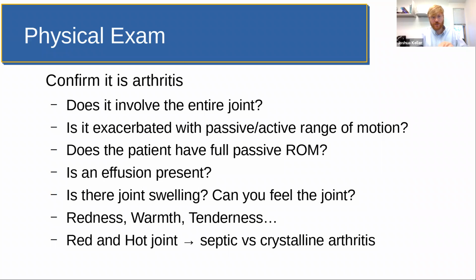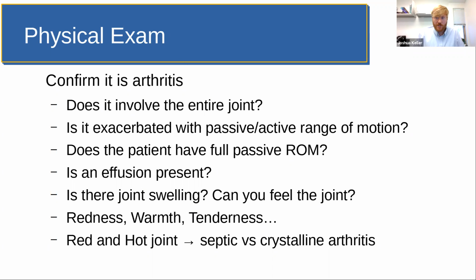So if you can't tell if a patient has swelling, but they can only move their wrist 20 degrees up and down, flexion extension, that lack of full passive range of motion is really concerning and really indicative of a potential arthritis in that joint. You might not be able to tell how much swelling there is, given that it's a learned process, especially with certain body habituses.